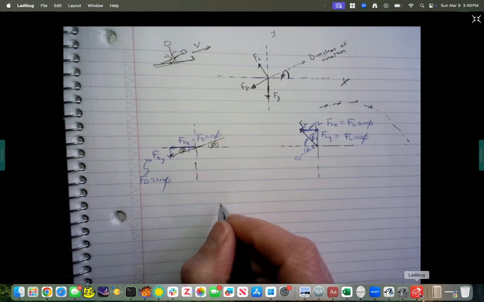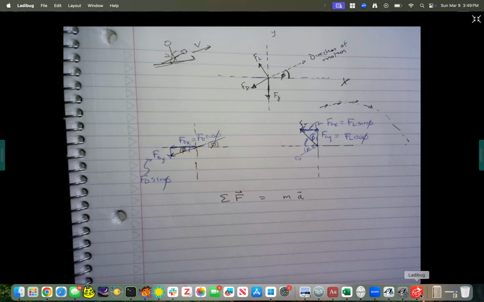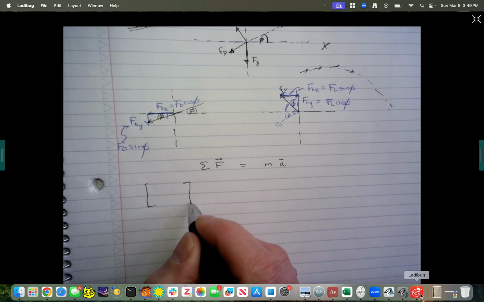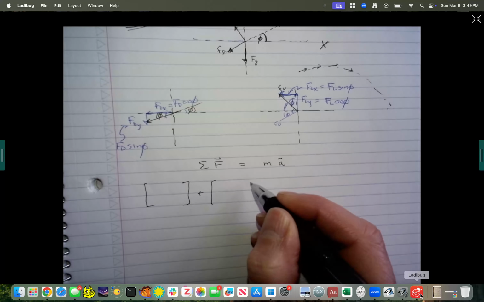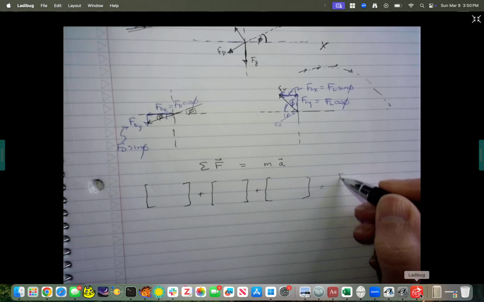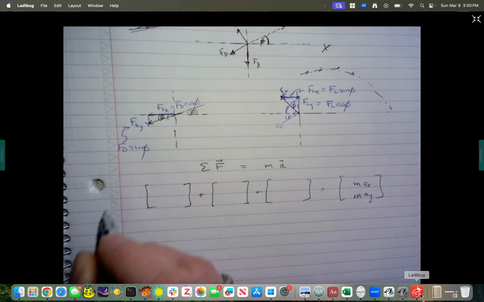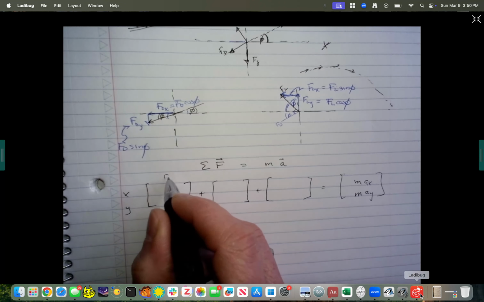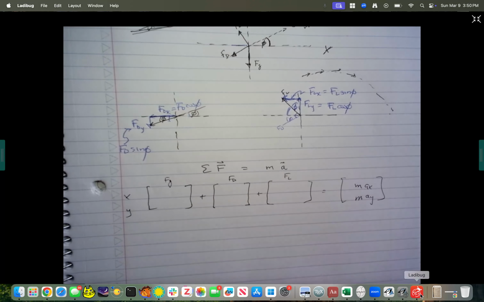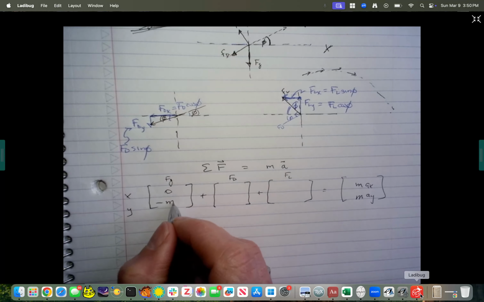So let's apply Newton's second law. Sum of the forces is mass times acceleration. Again, these are all force vectors, so we've got to think about direction. So we'll put in a column vector for each one, three forces, and that will equal m a_x and m a_y. So this will be our x and y components, and we'll have gravity, the drag force, and the lift force. Gravity is totally in the y direction, so 0 in the x, minus mg in the y.